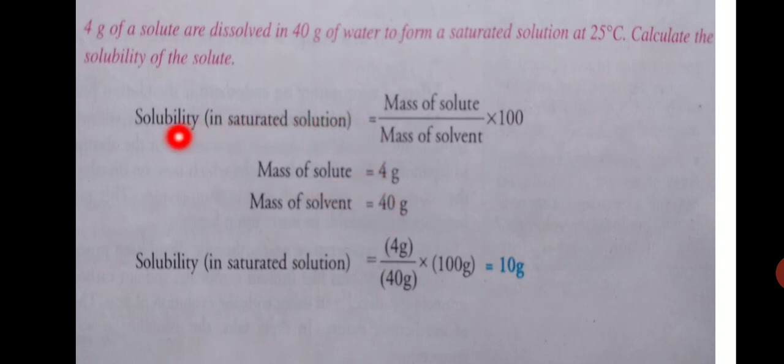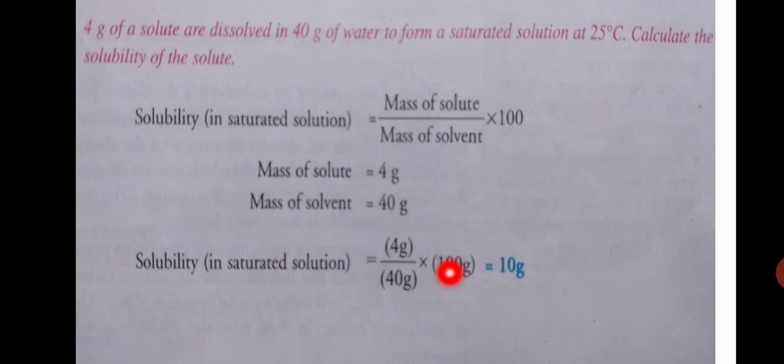We can straight away write the equation: solubility is equal to mass of the solute divided by mass of the solvent into 100. So 4 divided by 40 into 100.